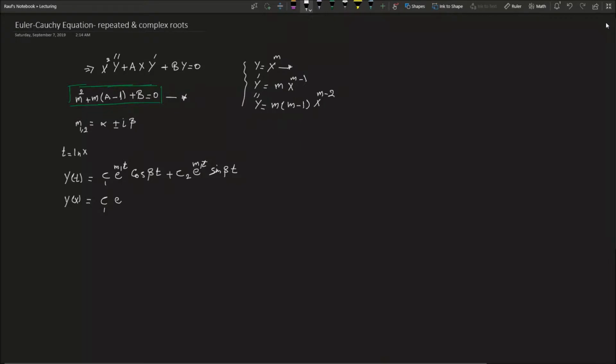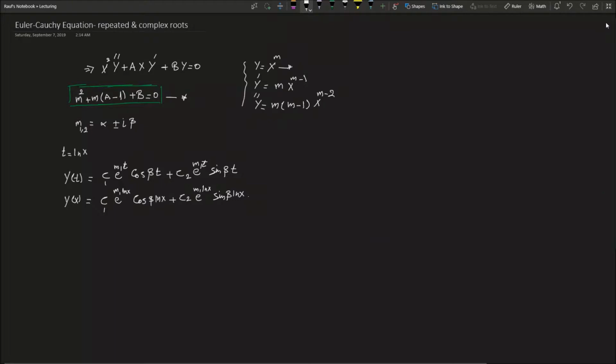So y of x equals c1 e to the power of m1 multiplied by ln of x multiplied by cosine beta ln of x plus c2 multiplied by e to the power of m1 ln of x multiplied by sine beta multiplied by ln of x.